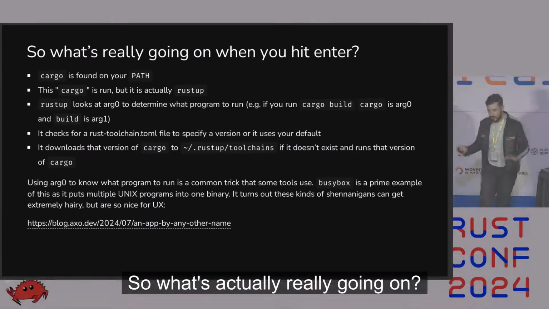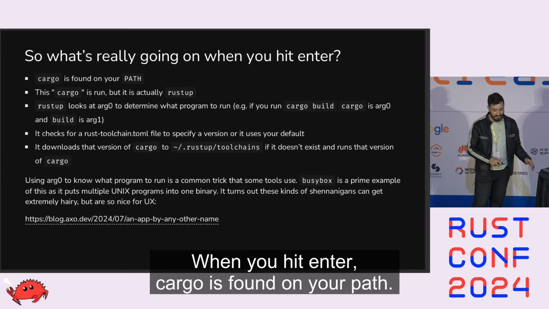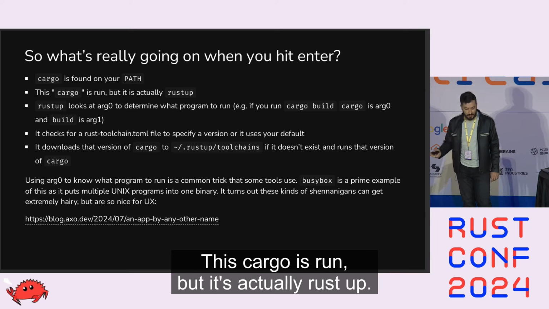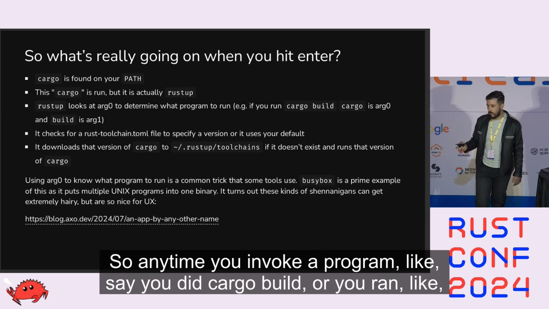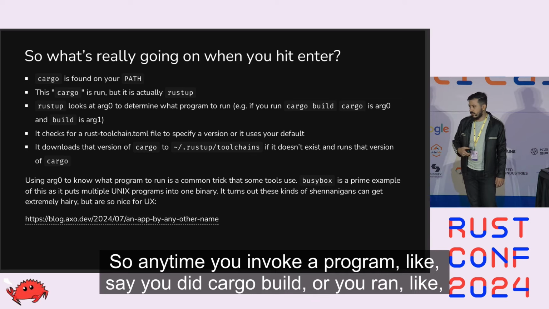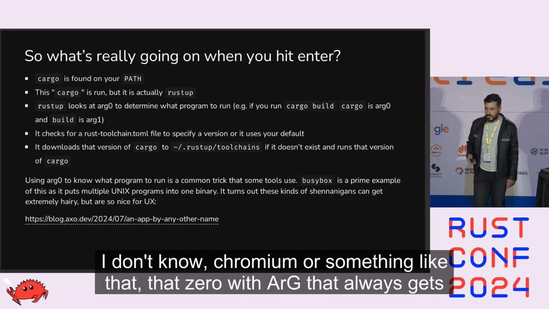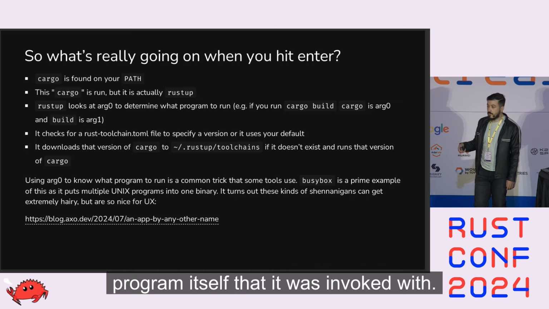So what's actually really going on when you hit enter? Cargo is found on your path. This cargo is run, but it's actually rustup. And rustup looks at the 0th arg that gets passed in. Anytime you invoke a program, like say you did cargo build, or you ran Chromium or something like that, that 0th arg that always gets passed into the program that you can parse out from your arguments is the name of the program itself that it was invoked with.